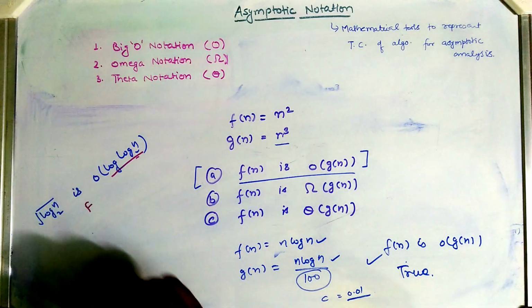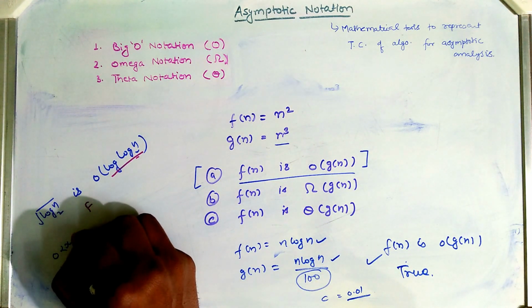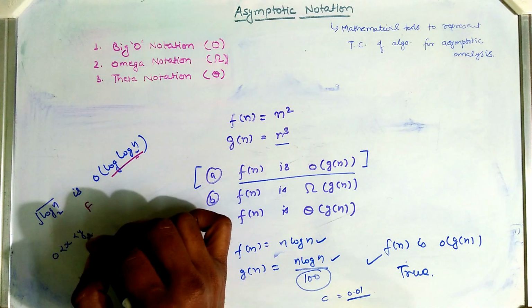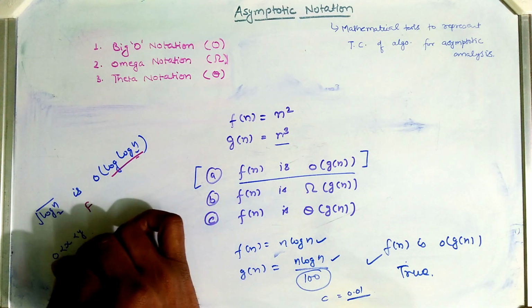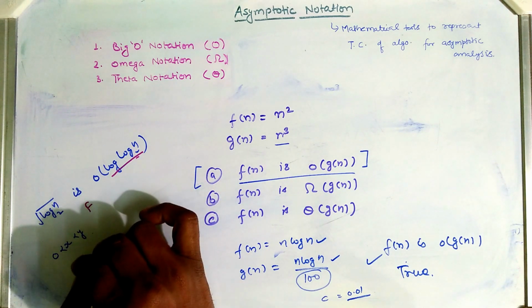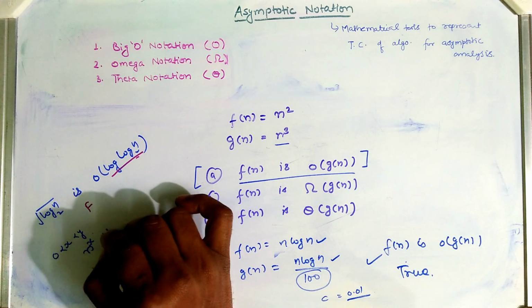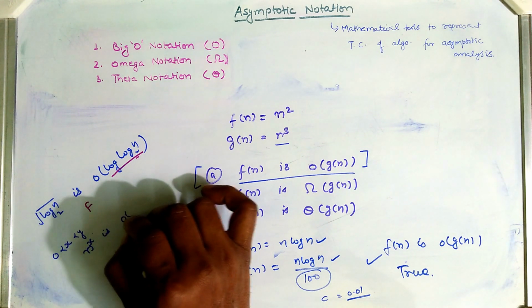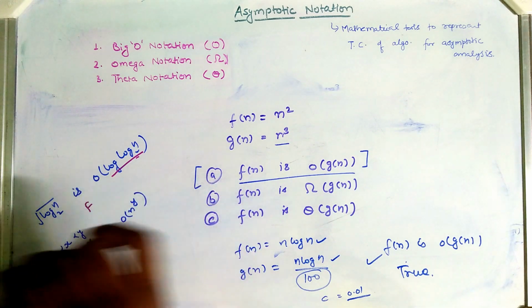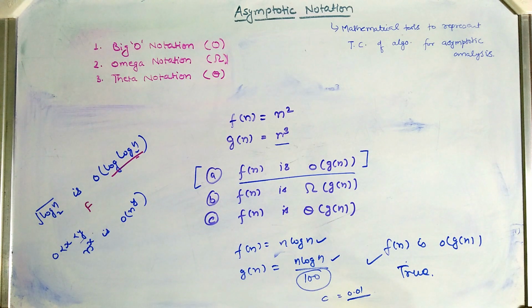Similarly, if I say that for some values of x and y, x is always greater than 0 and x is always less than y, then can I say that n to the power x is order of n to the power y? As you can see, the y value is always greater than x.